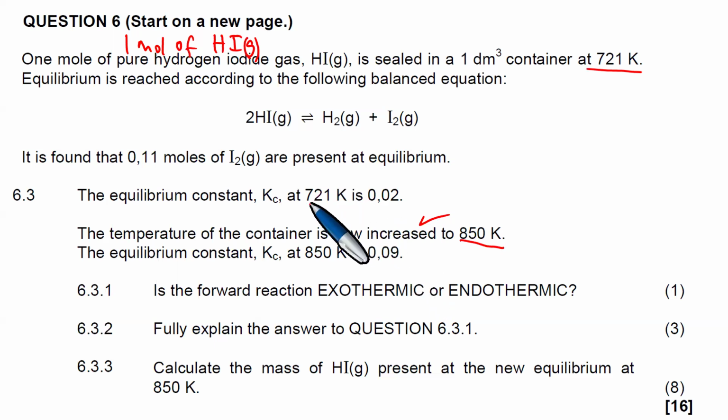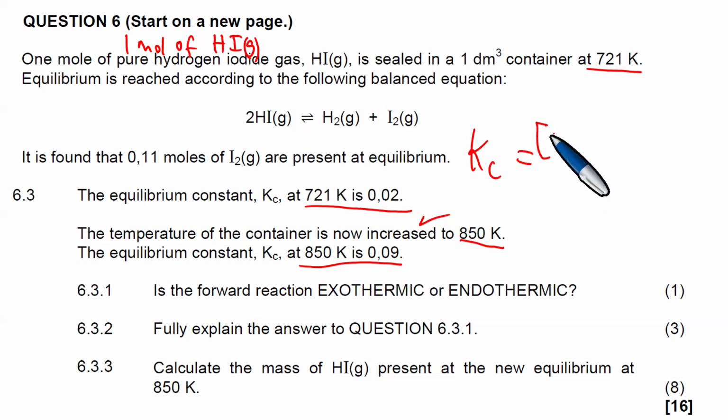Because at 721 it was 0.02. At 850, it is 0.09. And we know that Kc is the concentration of the products, right?